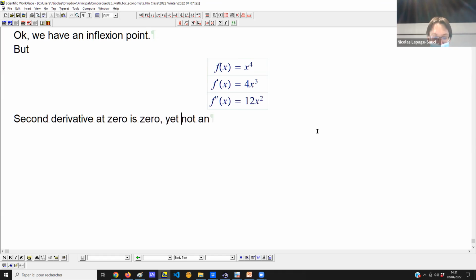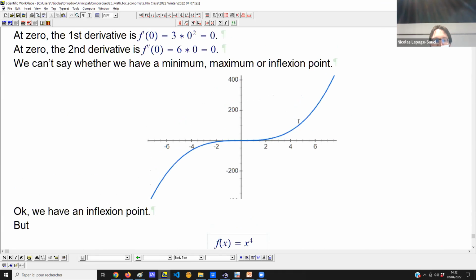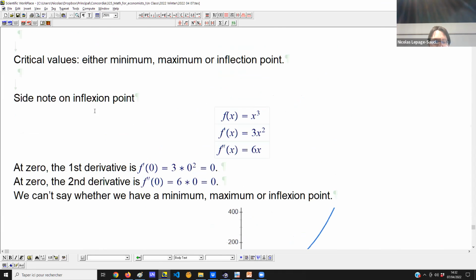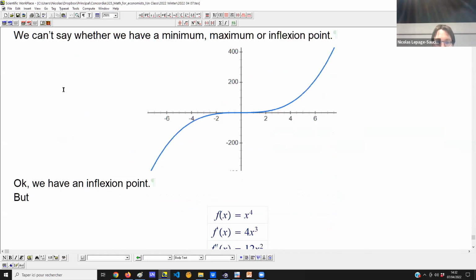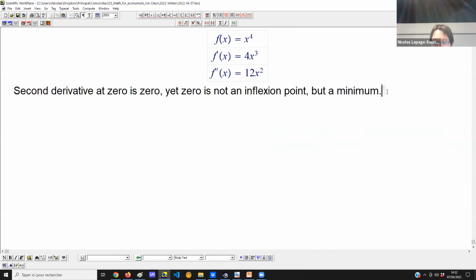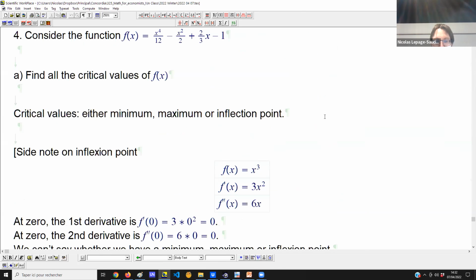All right, so really that's just a digression, a side note on inflection points. All right, so going back to what we're doing.